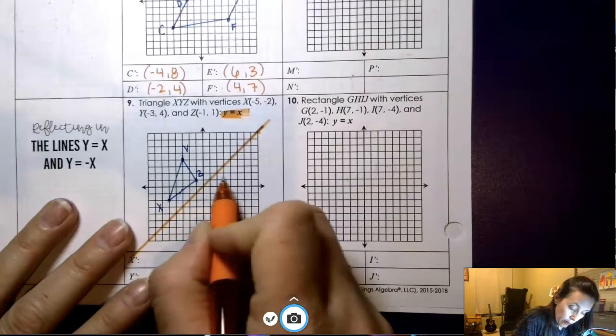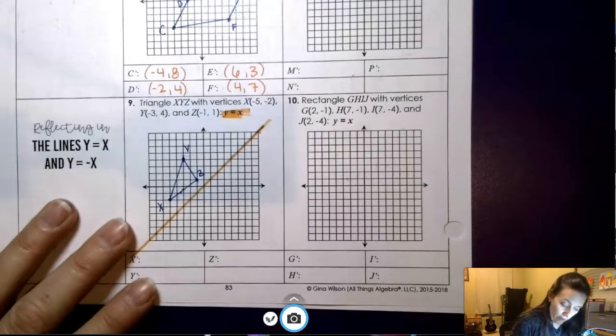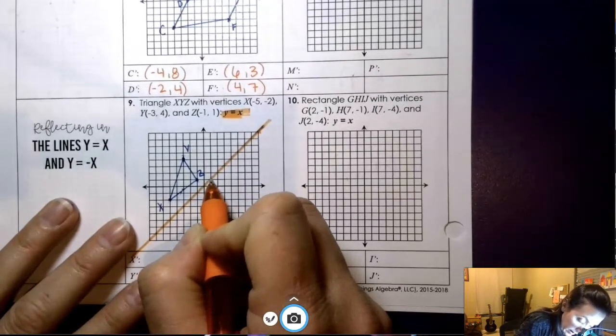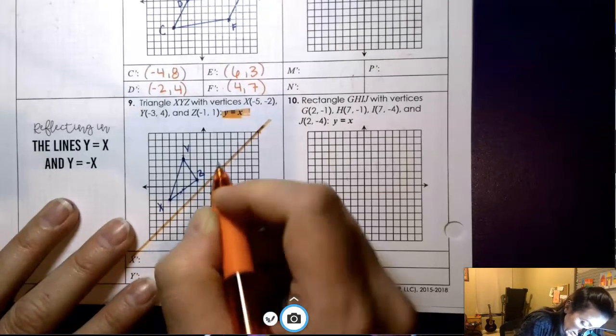Now, I don't care if you go horizontally or vertically to the line, you do the opposite away from the line. So let's say you go 2 horizontally, you're then going to go 2 vertically to get your z prime.